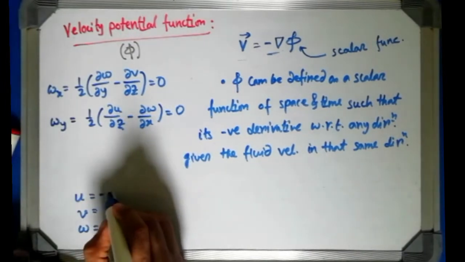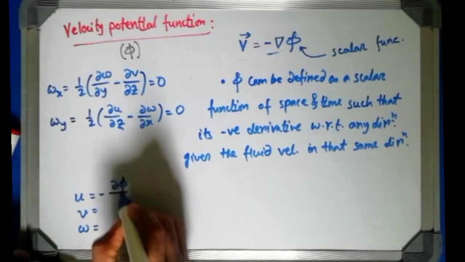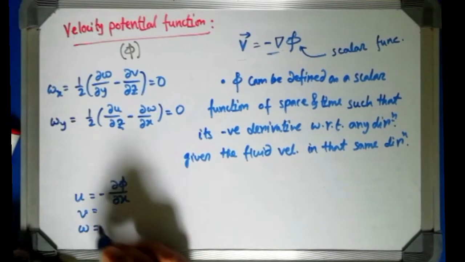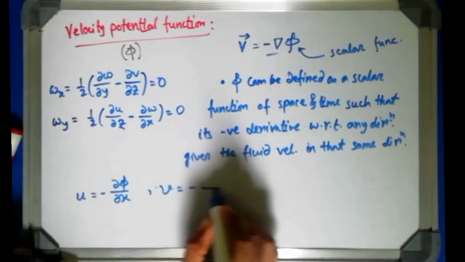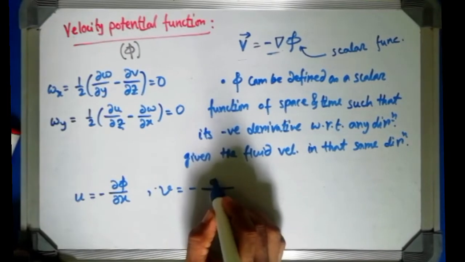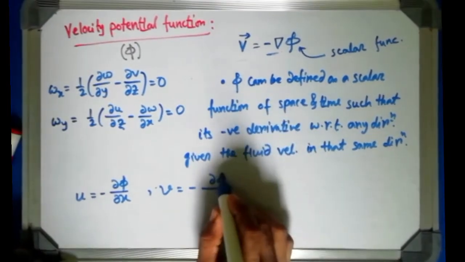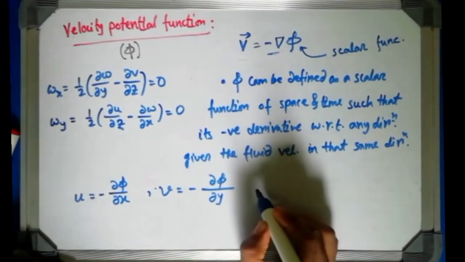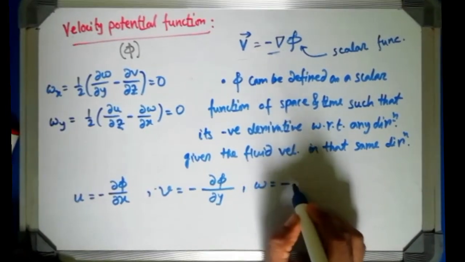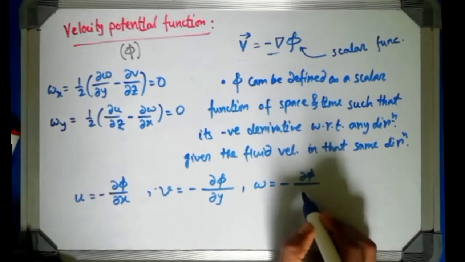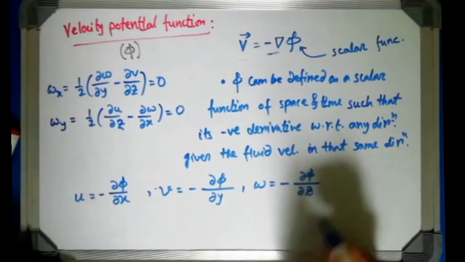Obviously u can be expressed by minus del phi del x, v can be written minus, negative derivative, I already written over here, negative derivative del phi del y, and small w can be written minus del phi del z.